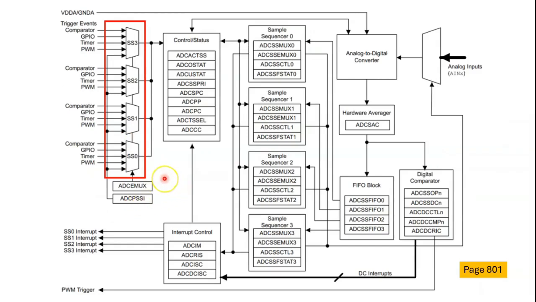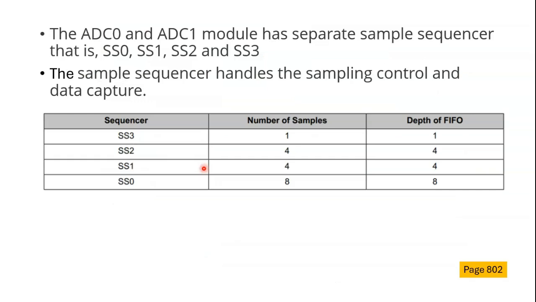Okay, so here is the block diagram of the ADC module. All right, so here are the sample sequences: SS3, SS2, SS1, and SS0. Okay, let's go back. So the sample sequences handle the sampling, control, and data capture.